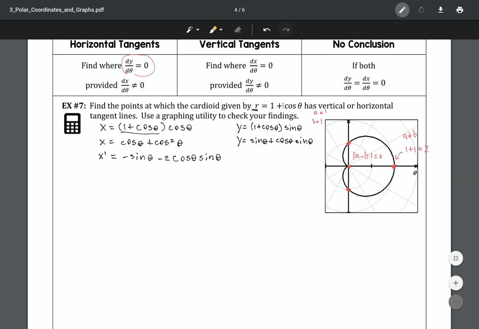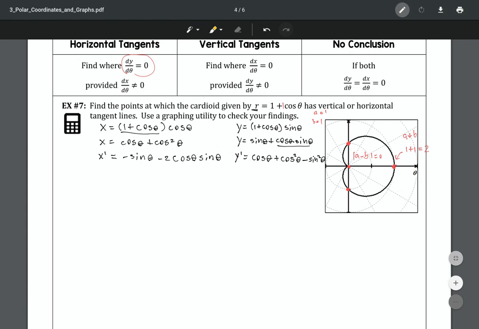Now I'm going to take the derivative of that with respect to theta. On this one, I have to use the product rule, and when I do that, I end up with cosine theta plus cosine squared theta minus sine squared theta.